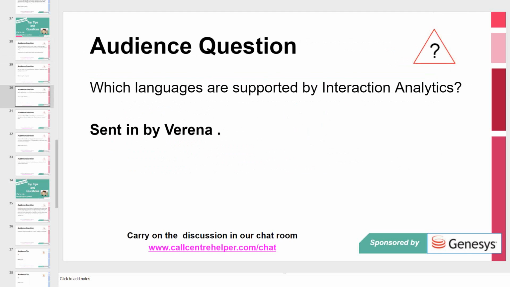At least in the case of Genesys Interaction Analytics, we support all the most common spoken languages today, such as English, of course, and all its different dialects, including U.S. English, which I speak, as well as UK English, Australian English, South African English, also German, French, Italian, Portuguese, Spanish and its dialects, including Latin American Spanish, as well as Spanish from Spain, Catalan, Arabic, Japanese, Mandarin, Korean, and there might be a couple of others that I'm forgetting.